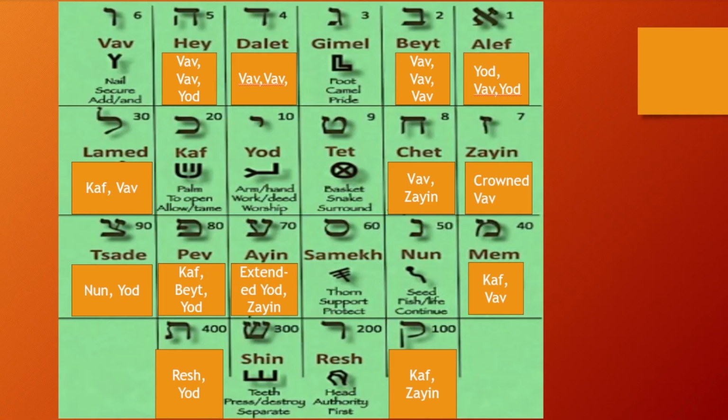Okay. So you find that number 5, hey, is also a dalet yod, but dalet is vav vav, and then you have the yod. So you have the door of a throne, if you look at hey. And hey means to reveal. So it's like it says, here I am.